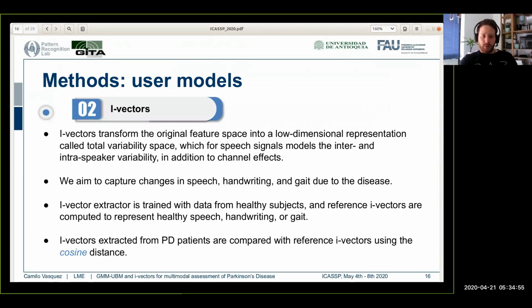Similar to the GMM-UBM, in this case, we train the i-vector extractor with data from healthy subjects and compute reference i-vectors to represent healthy speech, handwriting, or gait. Then, we extract i-vectors from the patient and compute the cosine distance between those patient i-vectors and the reference i-vectors created from the healthy subjects.